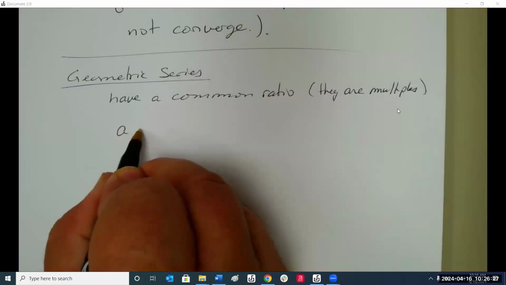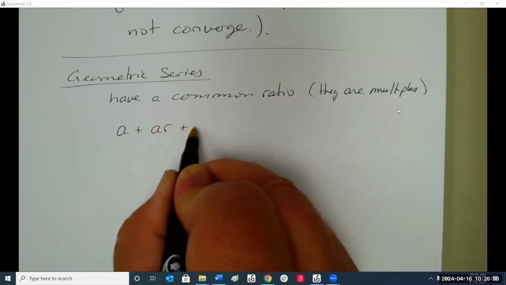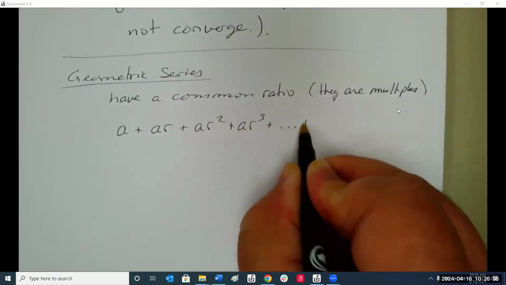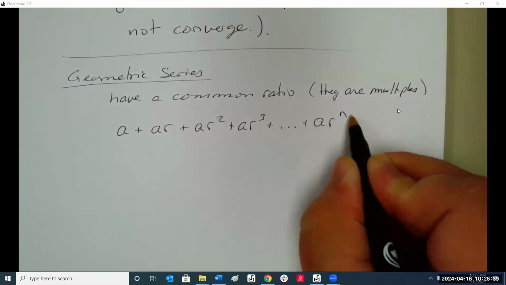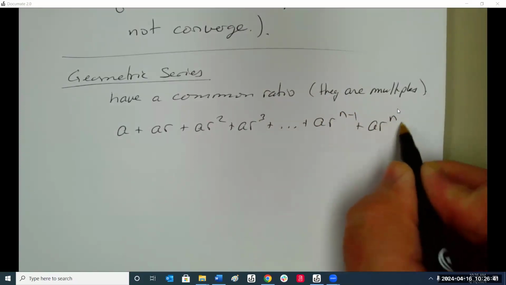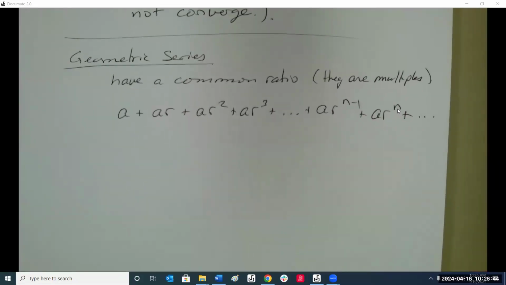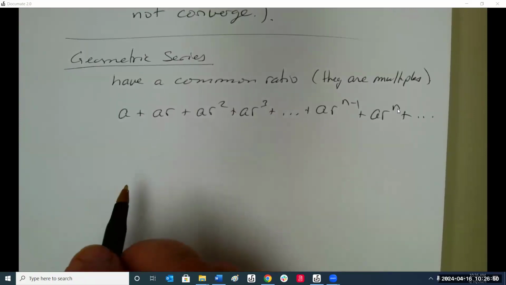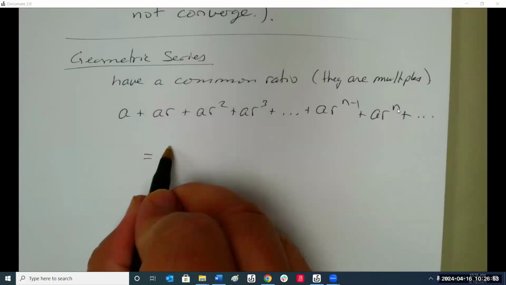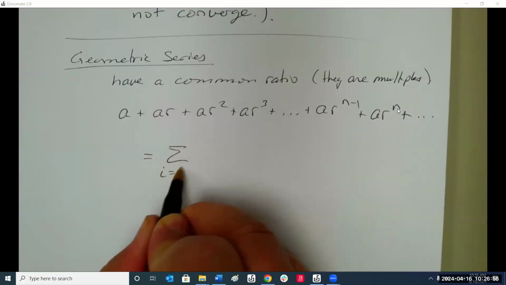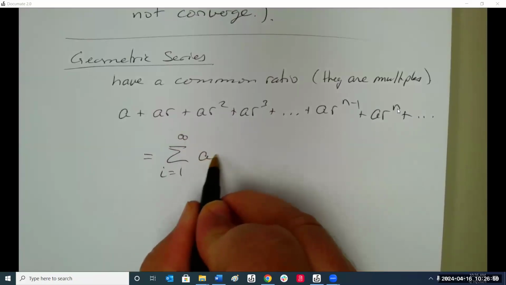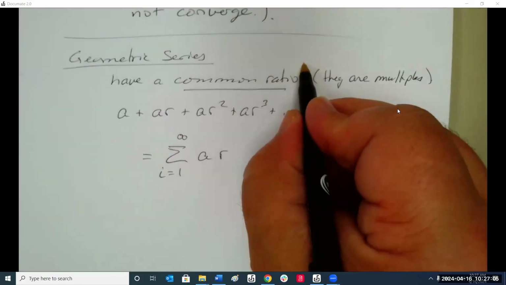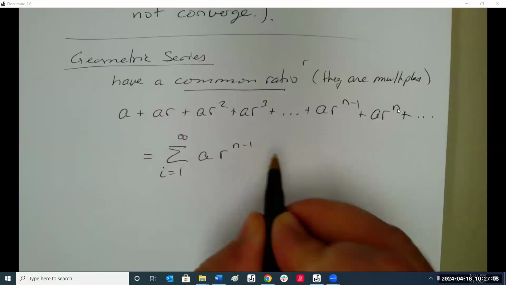So a plus ar plus ar squared plus ar cubed plus ar to the n minus 1. This sequence can be summed up as the sum from n equals 1 to infinity of a times the common ratio r to the n minus 1.